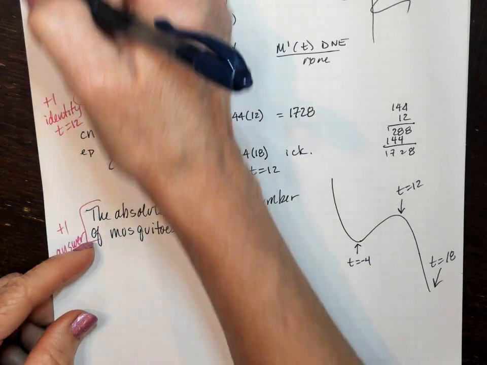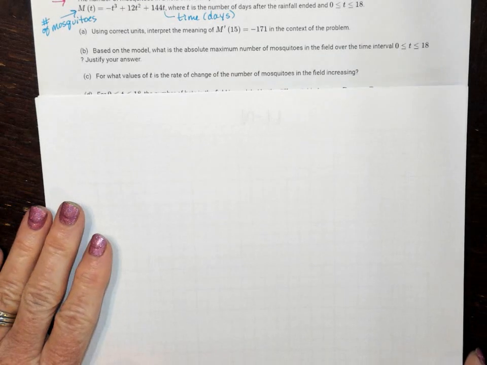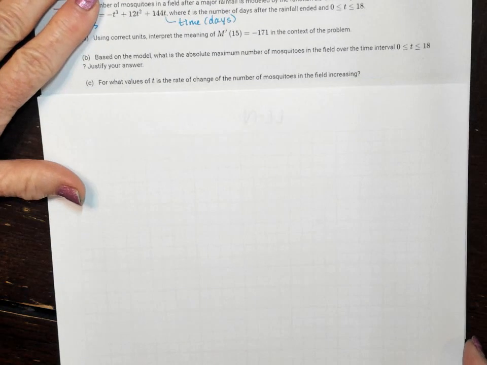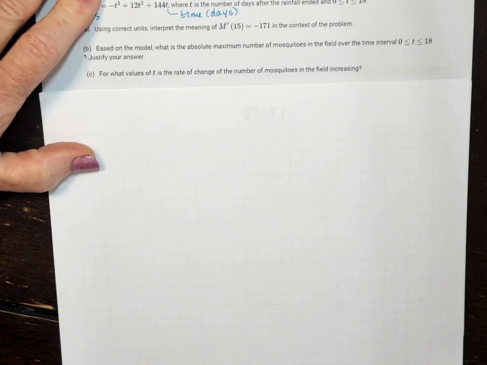Oh, this was part B here. All right, so part C. Part C says: For what values is the rate of change of the number of mosquitoes in the field increasing?